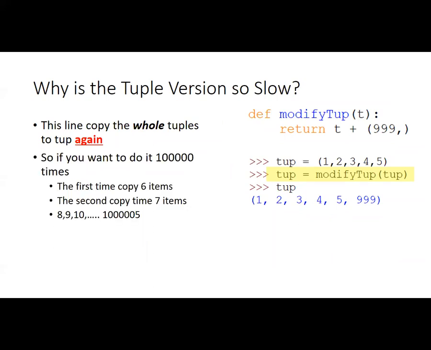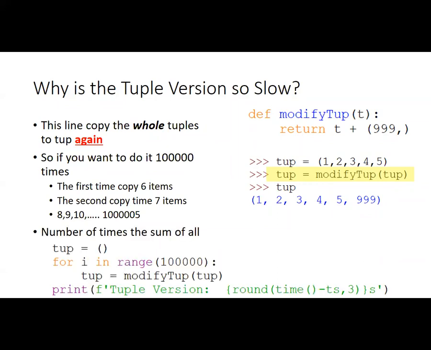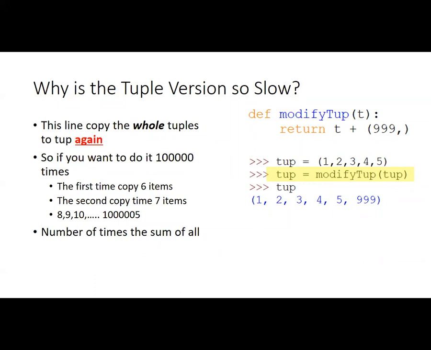And you do it 100,000 times. The first time you copy 8 numbers, and the next time 9 numbers, and so on until the last time, which is like 100,005 numbers. And you have to add all those times. They come to a super long time. You are adding 1 to this number each time, so probably it's a few million, okay? Not a few trillion numbers, okay?